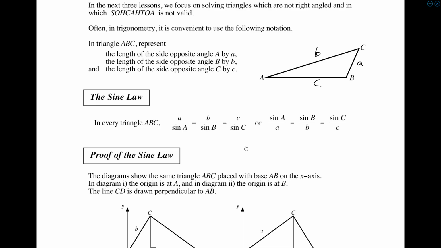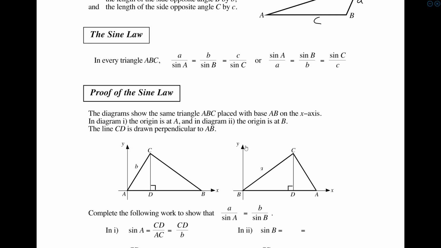So let's say I have side A, side C, and angle A, I could then find angle C. Or let's say I have angle A, angle B, and side B, I could use that to find side A. It's basically if you know 3 out of these things, you should be able to find another one. So let's prove it.